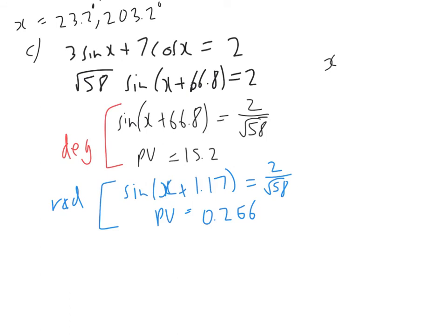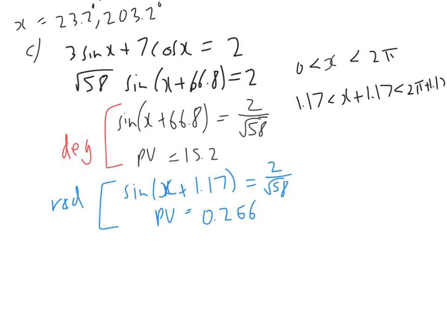Okay, so that was the answer when we're doing it in degrees. We've just changed that into radians, and then the inverse sine of that number would be this in radians. So x had to be between 0 and 2 pi. So the principal value, x plus 1.17, is between 1.17 and 2 pi plus 1.17.